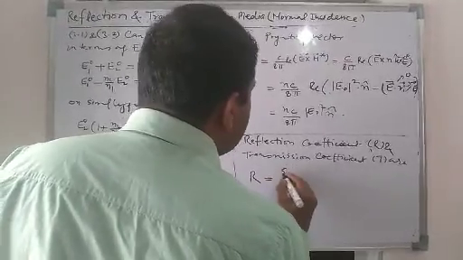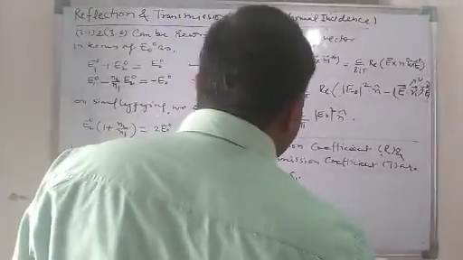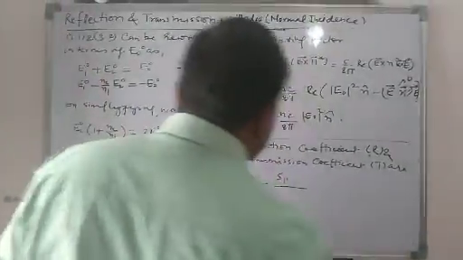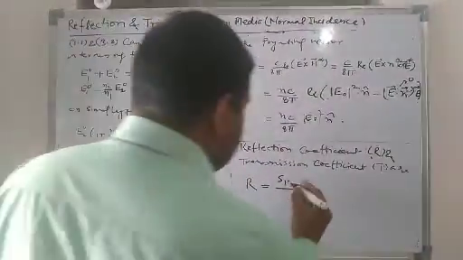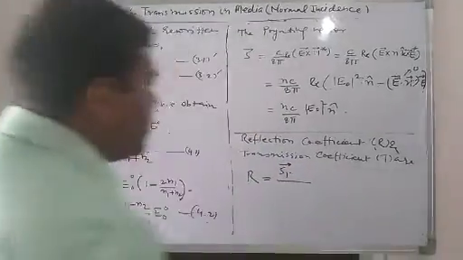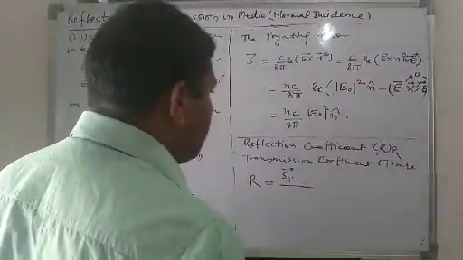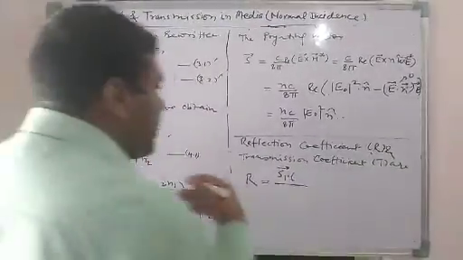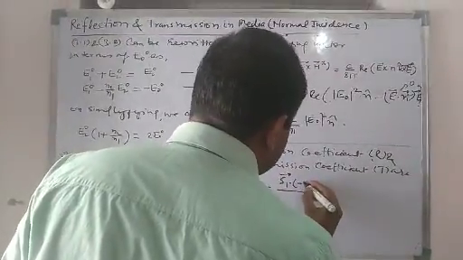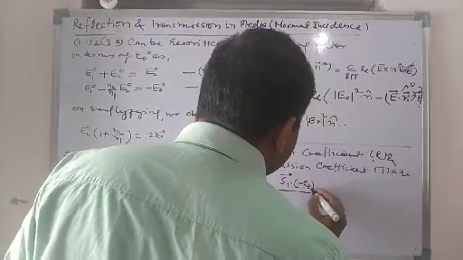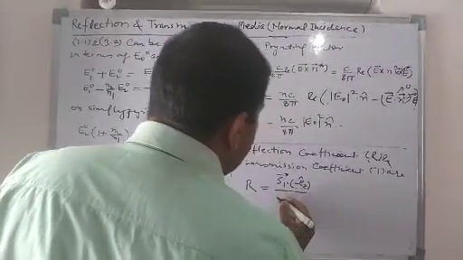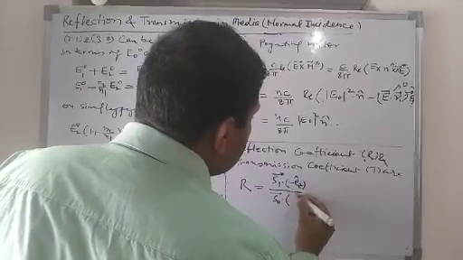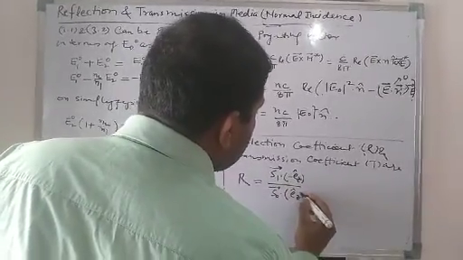R is going to be the ratio of energy that is pointing along the reflected direction. So what is the pointing vector for the reflected direction? Let's say S1, and then dotted with the direction. What is the direction over here? It is Ez hat, and similarly we will have S naught, and the direction is Ez hat.